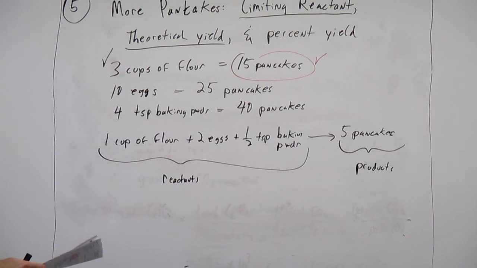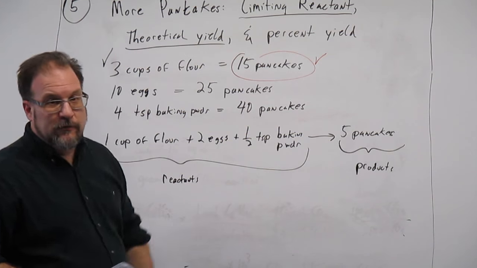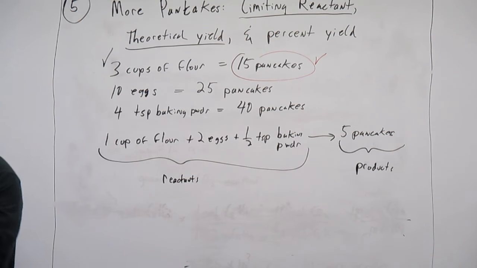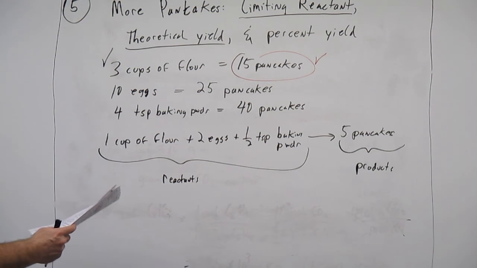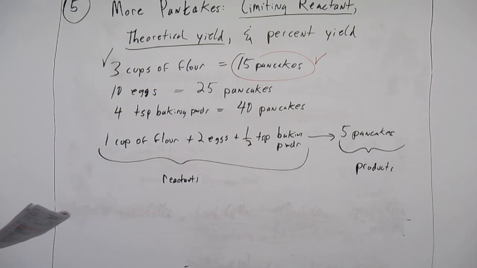Originally I was supposed to make 15 pancakes. Remember, that's the theoretical yield. But in reality, I burned 3, because I didn't use enough oil in the pan or something. So how many pancakes did I get? I only got 12, right? 15 minus 3 is 12.